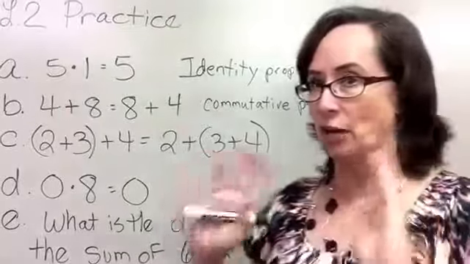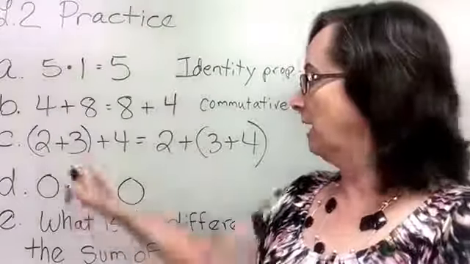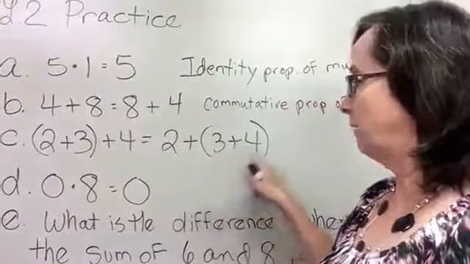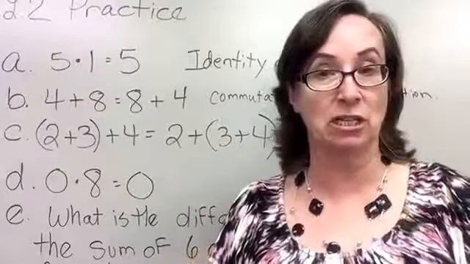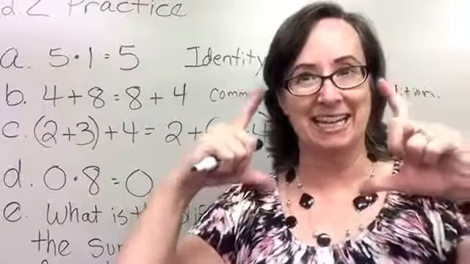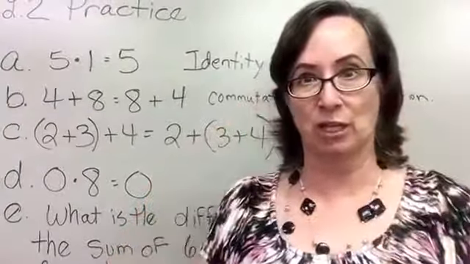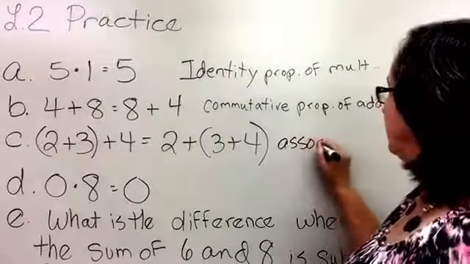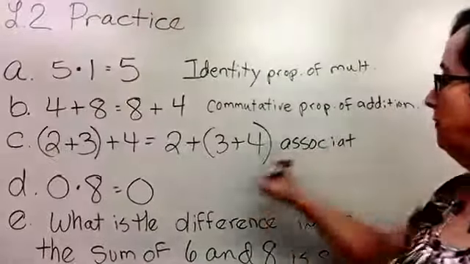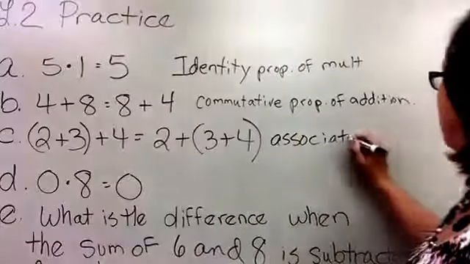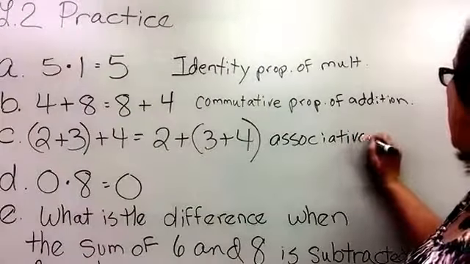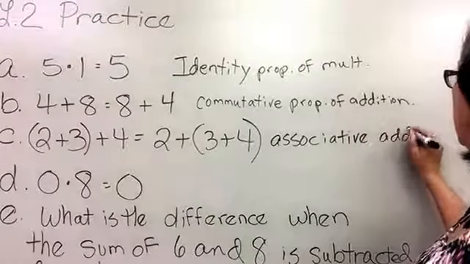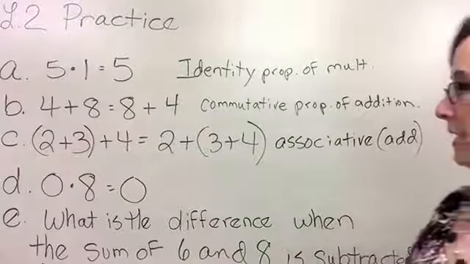Notice that there is no movement. Okay, 2, 3, 4, 2, 3, 4. No changing in position, only a changing in who is grouped with who. So this is the associative property of addition because everything is added.